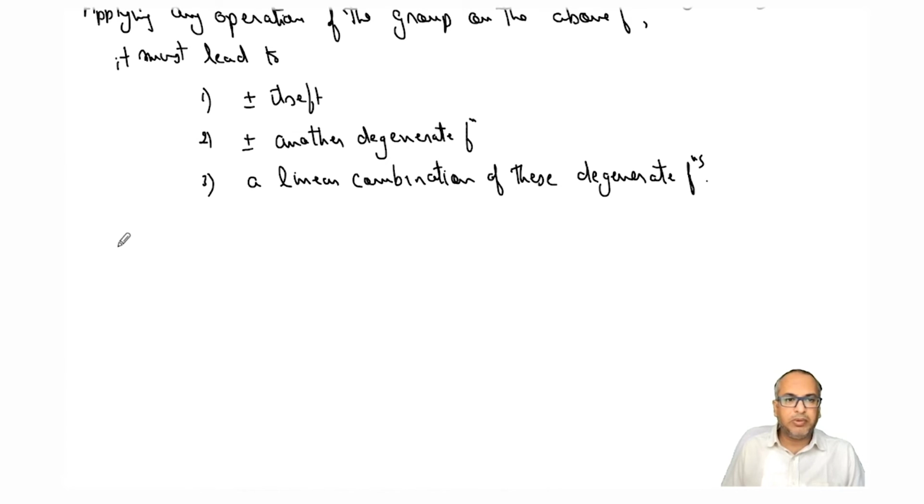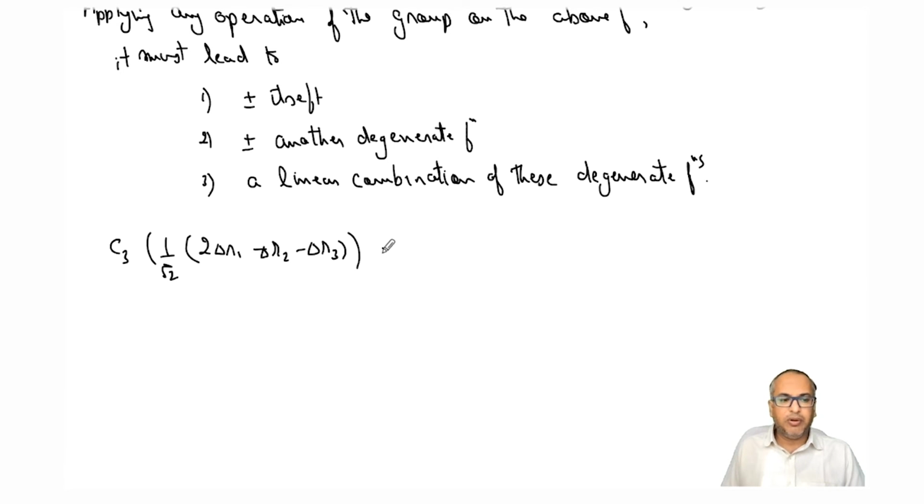Let's pick C3 out of the D3h point group and apply it on this particular function, 2 delta R1 minus delta R2 minus delta R3. If you apply this, what you will get is 2 delta R3 minus delta R1 minus delta R2, since R1 goes to R3 and R2 goes to R1.